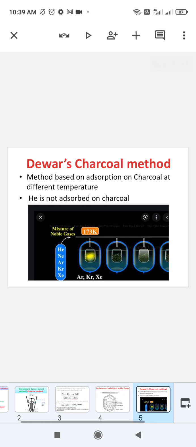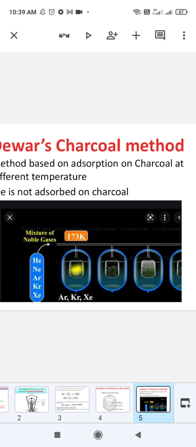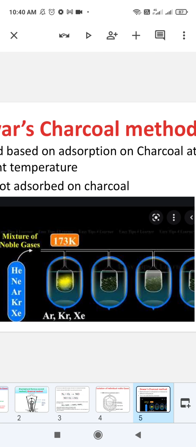Now we are moving to the Dewar charcoal method, which is based upon the adsorption on charcoal at different temperatures. We know that helium is a very small atom and cannot be adsorbed on the charcoal. First of all, we pass the mixture of the noble gases into the inlet of the Dewar bulb.